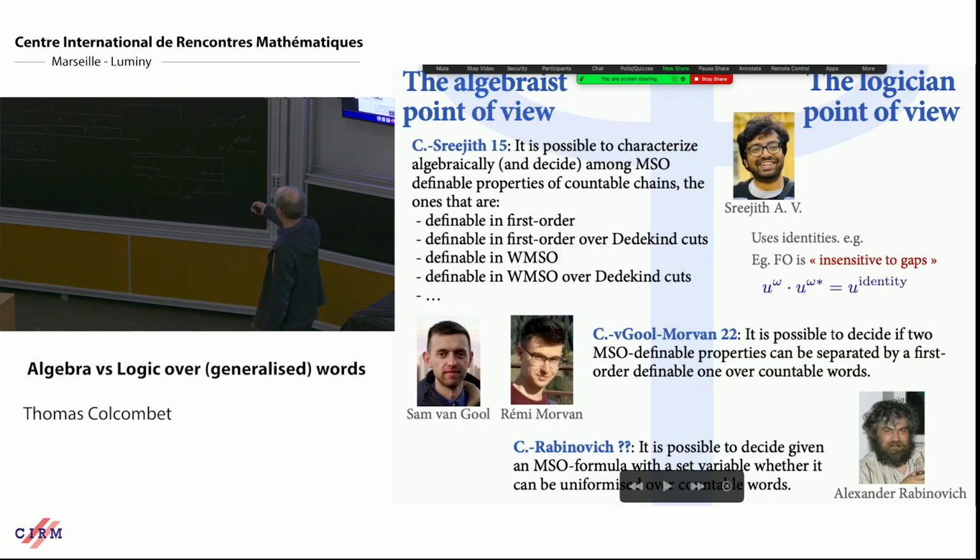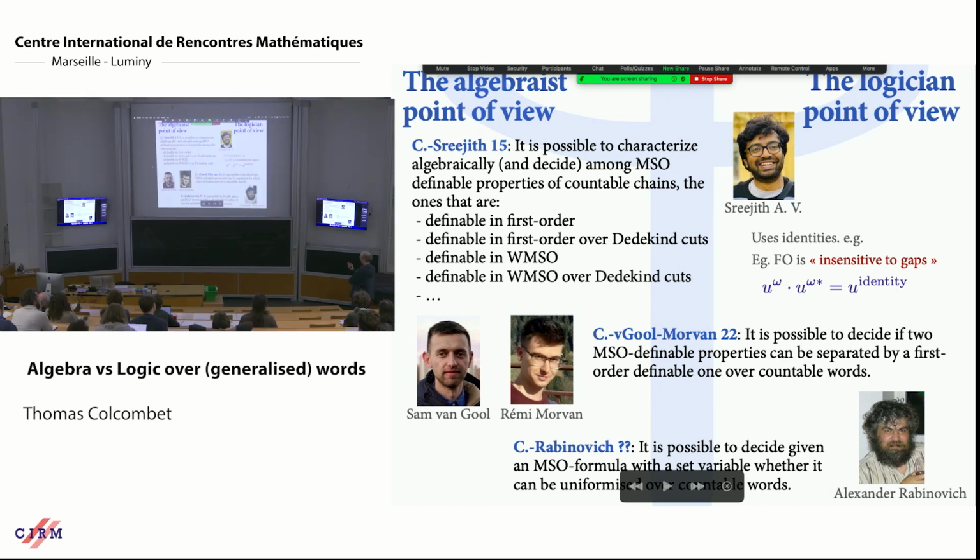And more recently, with Alexander Rabinovich, we used also this technique for solving open problems for logicians. These ones were somehow motivated from the results before, but this one was really motivated by what logicians were asking, which is: if you have an MSO formula that is true for some set, are you able to construct a set that is the witness of why it is true?